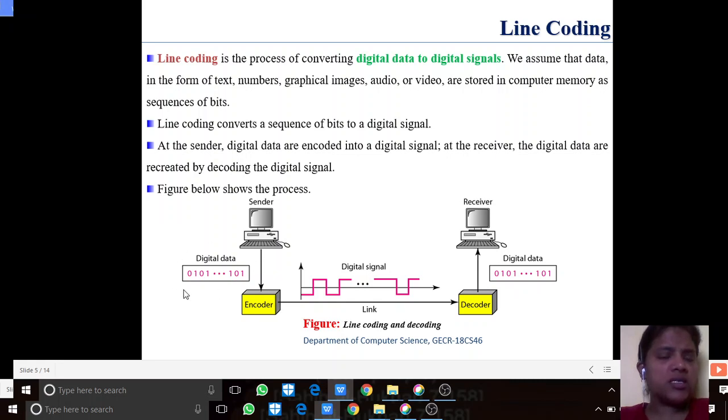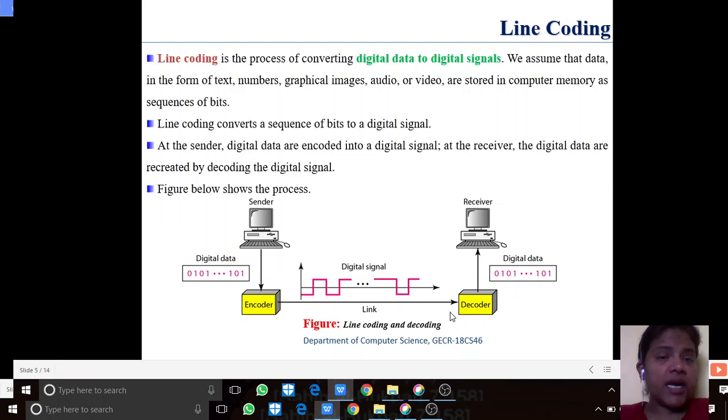Digital data zeros and ones are converted to digital signals with the help of an encoder, which is a translator that converts the streams to signal. At the sender side it is encoded. At the receiver side it is decoded using the decoder, which converts the digital signal back to the stream of zeros and ones.